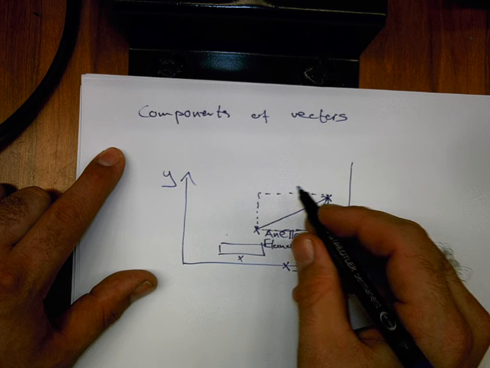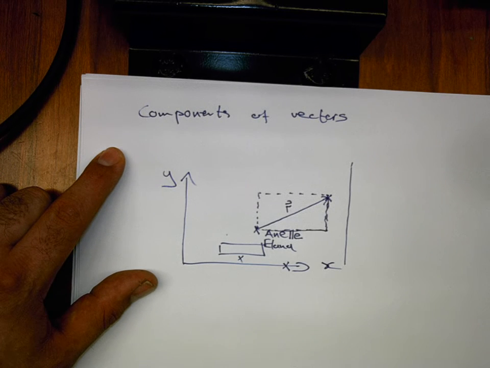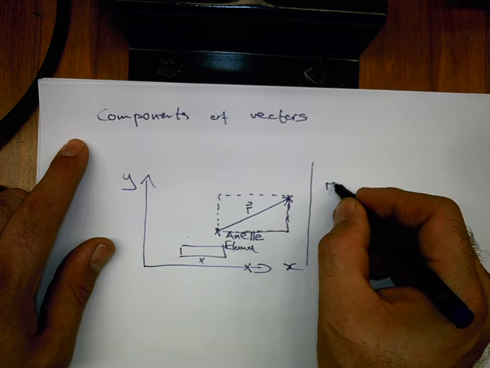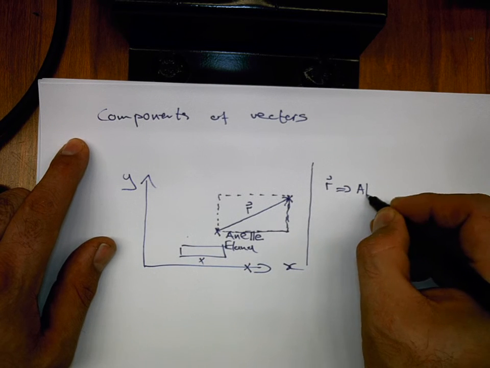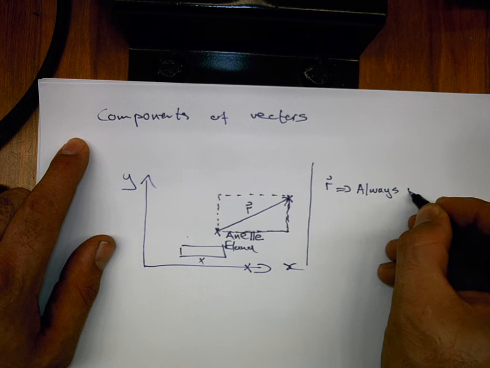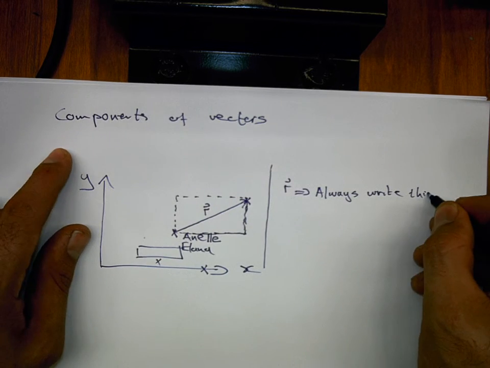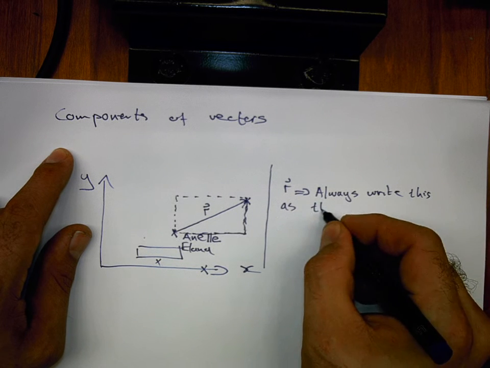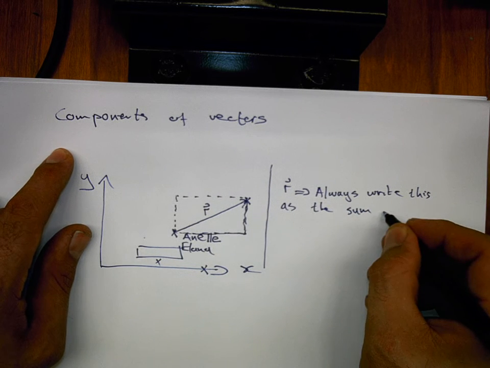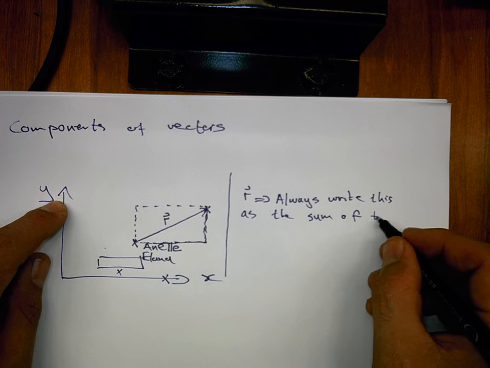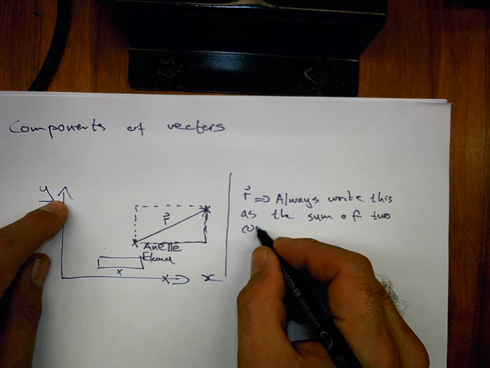And what this basically tells us is if I've got any old vector, which I will again call r, I can always write this as the sum of, in 2 dimensions, 2 components.